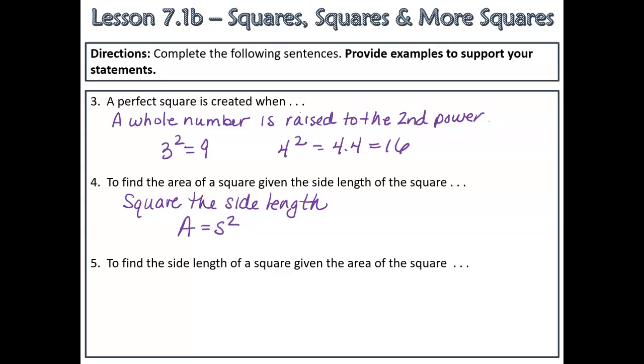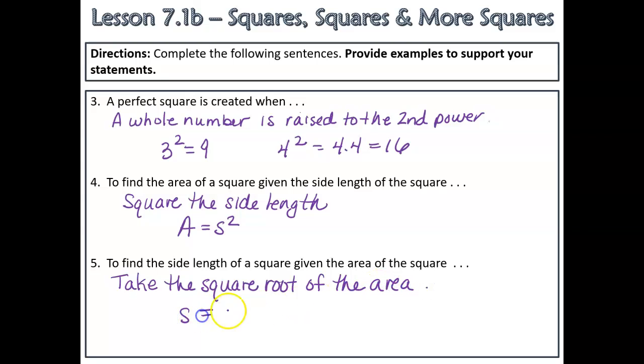Number 5, to find the side length of a square given the area of the square, you take the square root of the area. So the side length is equal to the square root of the area.